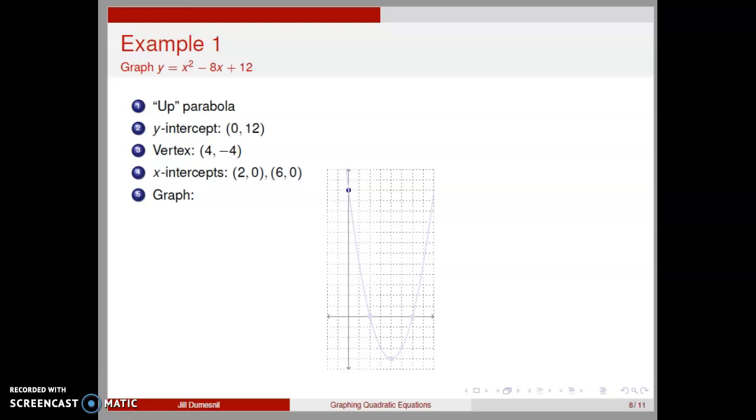I'm going to plot the y-intercept (0, 12), plot the vertex (4, -4), plot our x-intercepts at (2, 0) and (6, 0), and then sketch the parabola. Remember that scale matters in graphing. If you graph by hand, make sure you are being consistent in your spacing on the axes.